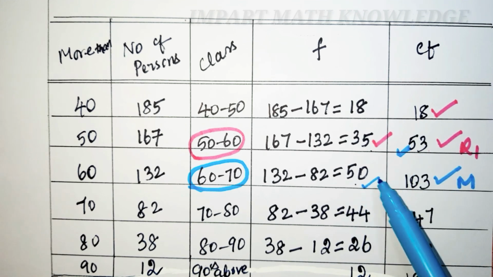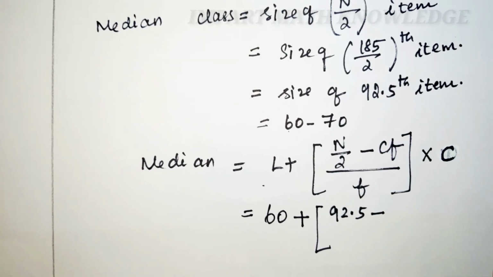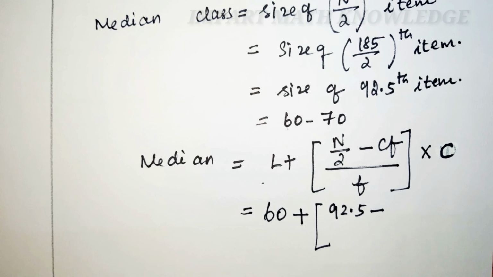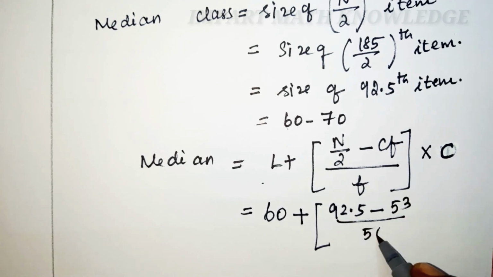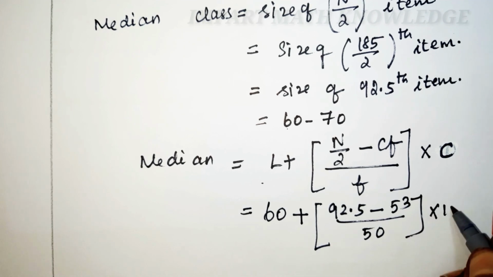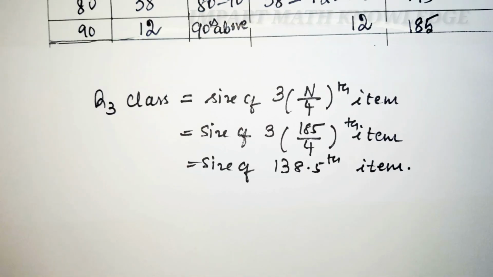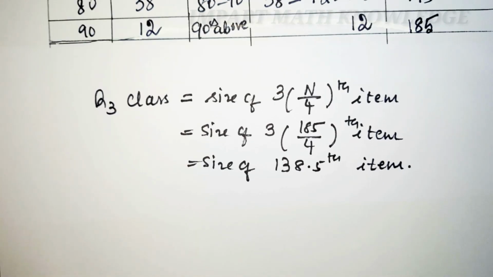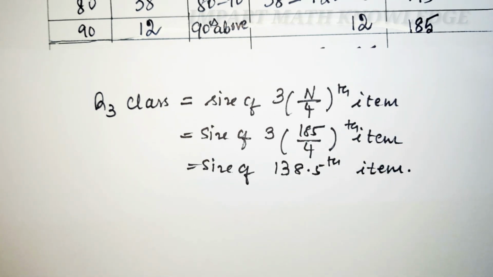Frequency in the median class is 50. Now median is equal to 60 plus (92.5 minus 53) divided by 50, into length of the class interval 10. Median is equal to 67.9.